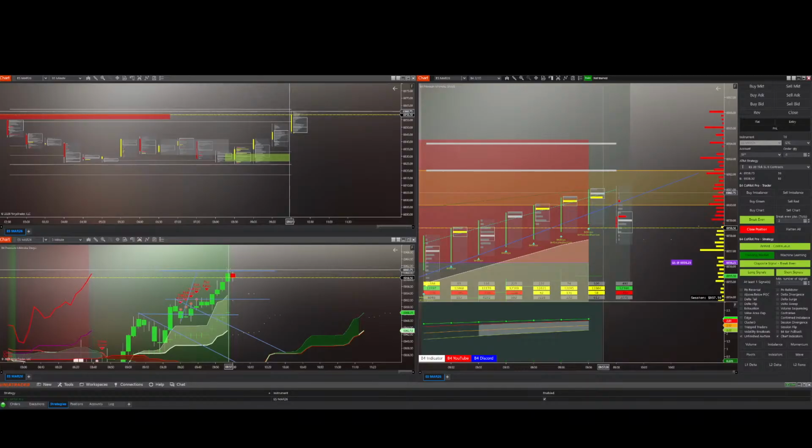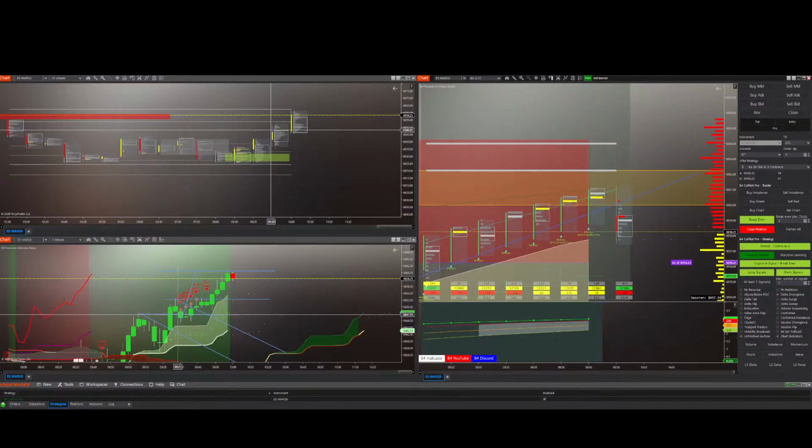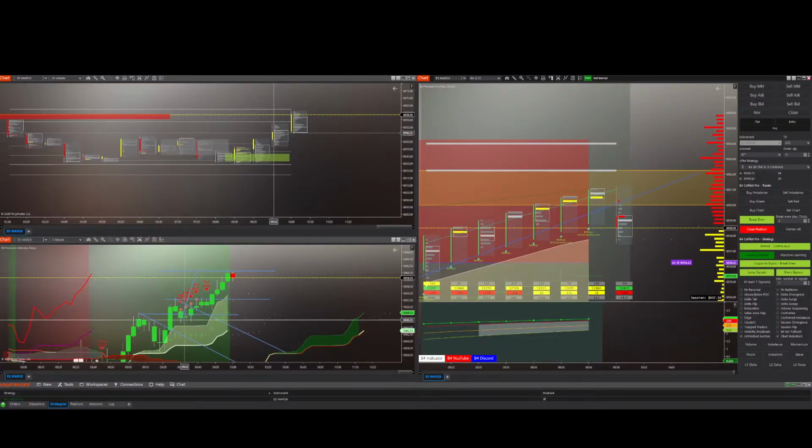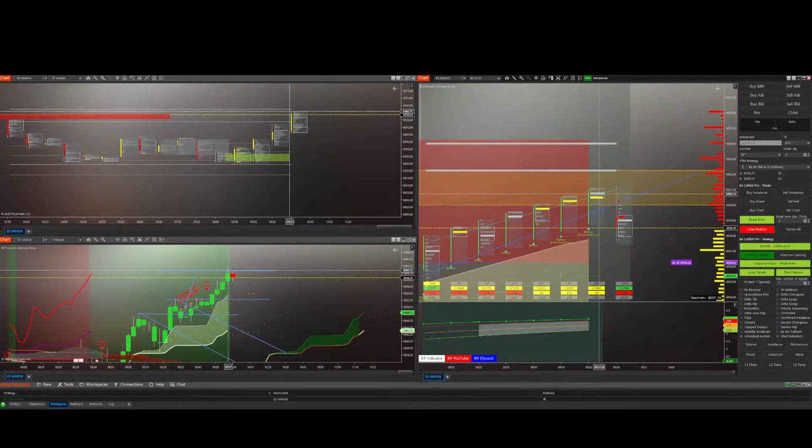Remember what we said about a pullback. An average pullback is 3 candles, right, Paul? 1, 2, 3. 3 candle pullback. 5 candle push. 9 candle hard push.